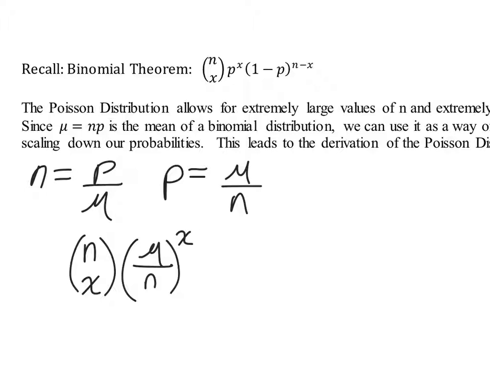And then instead of 1 minus p to the n minus x, I'm going to say 1 minus mu over n, and the n could be thought of as mu over p, minus x. Actually, we could just leave that as n. I could change it later. So we'll say n minus x.